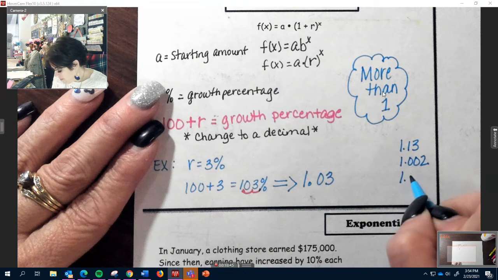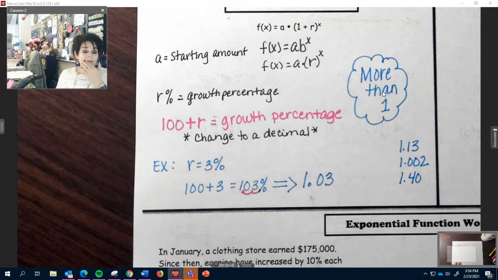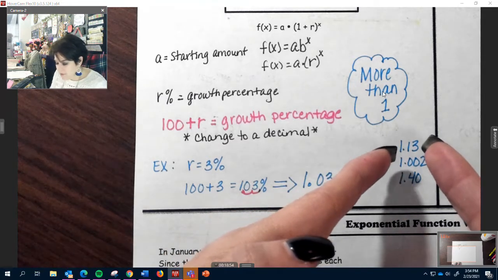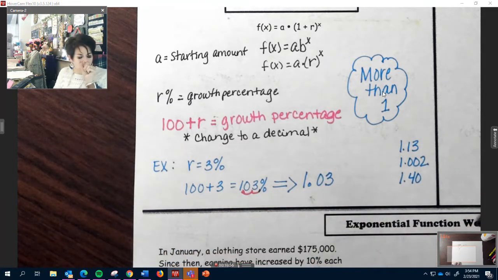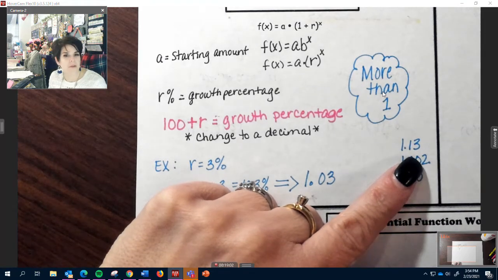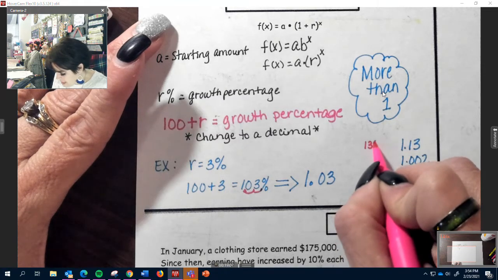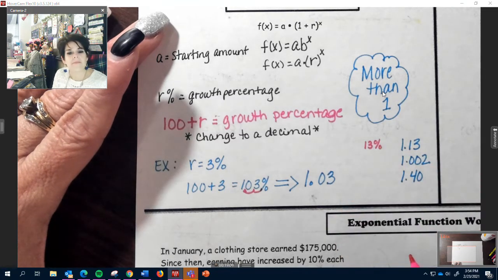If you had 1.40, that's more than 1. So now what I want to do is go the other way. Tell me, what rate of growth, excuse me, is 1.13? How much over $1 is that? 13. So that means that this one was a 13% growth.